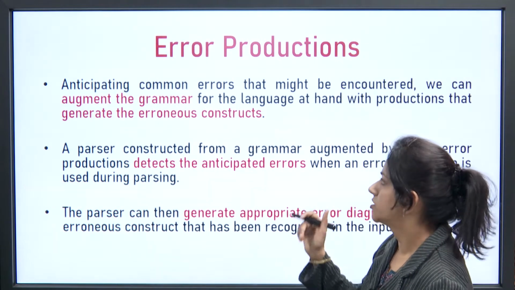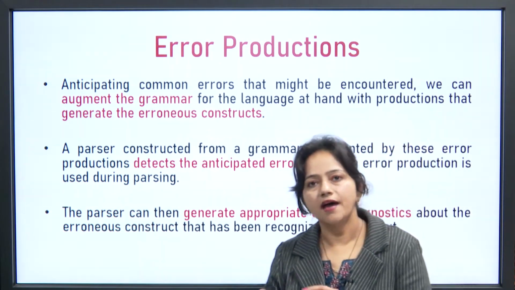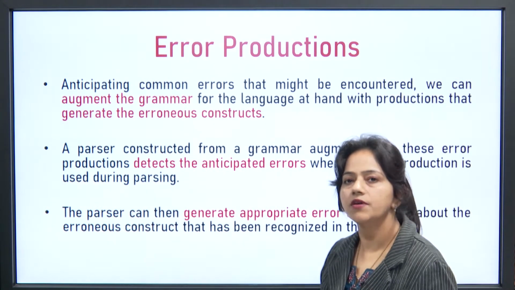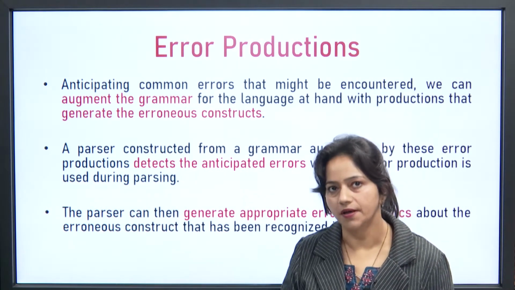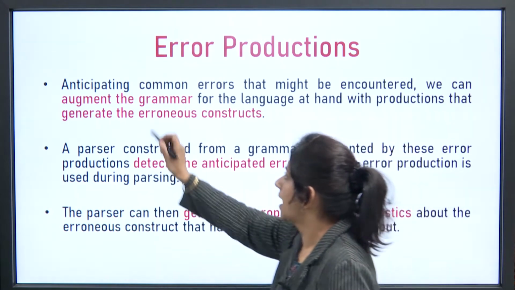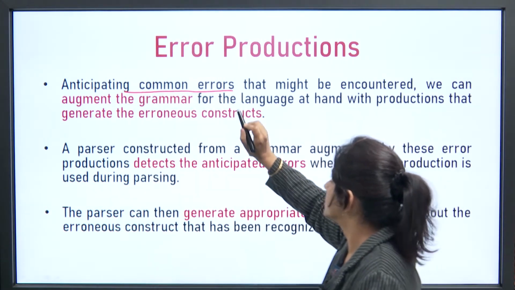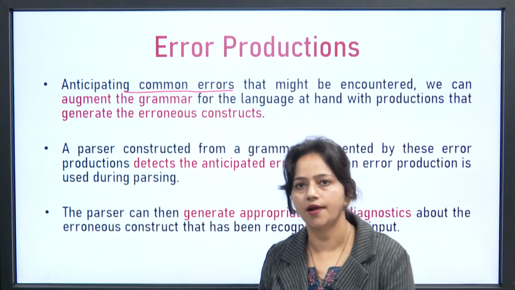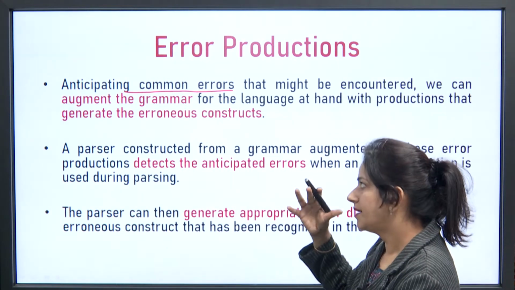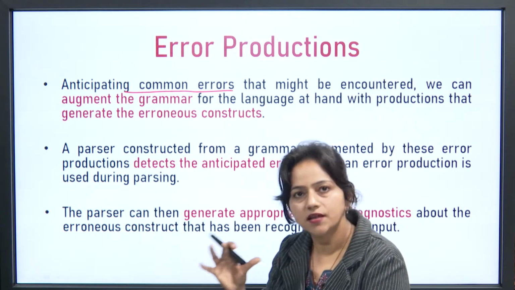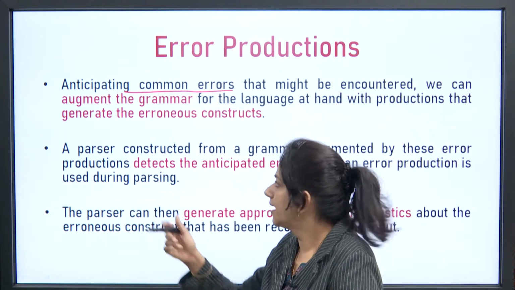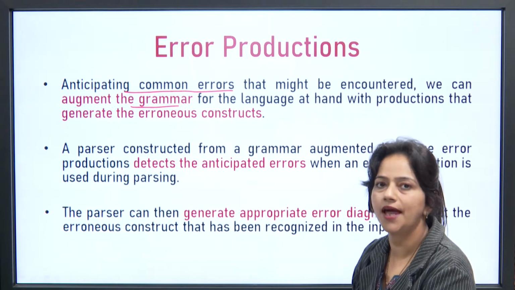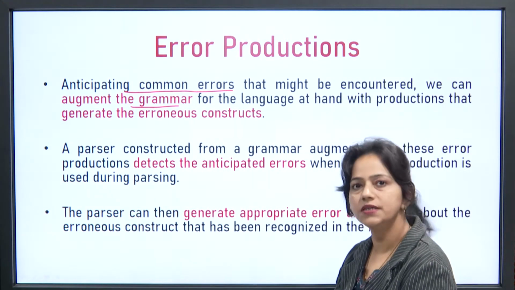In error production, we have the grammar for the language, and here we obtain the augmented grammar. We try to anticipate common errors that might be encountered while writing the program. Based on those common errors, we obtain a revised version of the grammar that is considered the augmented grammar.